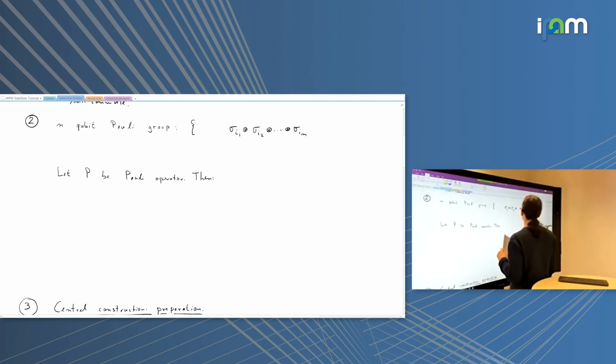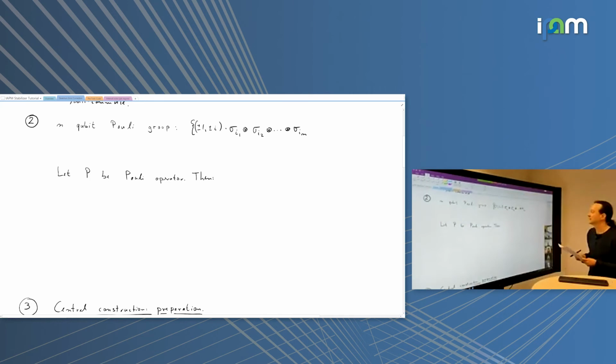And if you want this to be closed as a group, you also have to add phase factors plus minus 1 and plus minus imaginary unit times these tensor products of Pauli matrices. And then you can work out that this is a group, where the i1 to in are 0 to 3. Right, so that's the Pauli group.